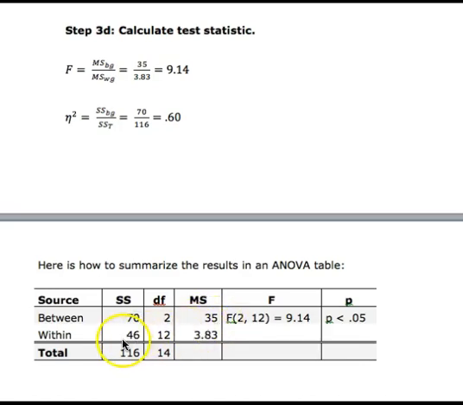For mean square within, we take our sum of squares within, 46, divided by degrees of freedom within of 12, which gives us a mean square within of 3.83. Now we calculate our F. We take 35 divided by 3.83, and that gives us 9.14. And we know that this F, compared to the critical value of 3.89, beats it, so it's a probability of less than 0.05, right?